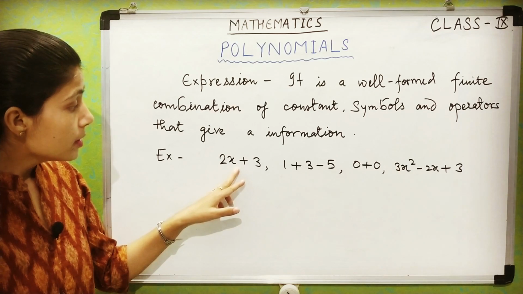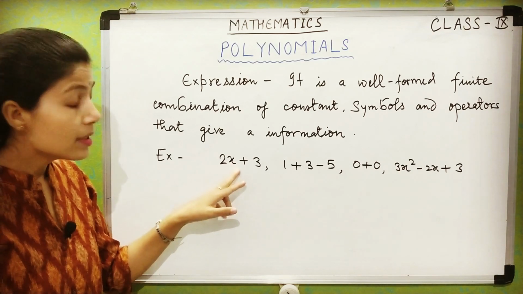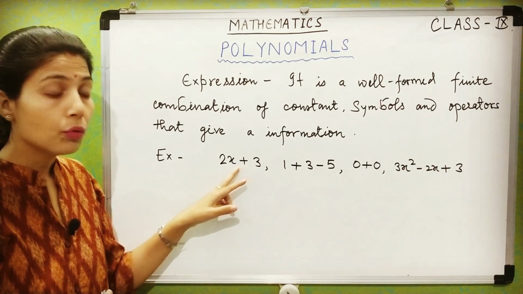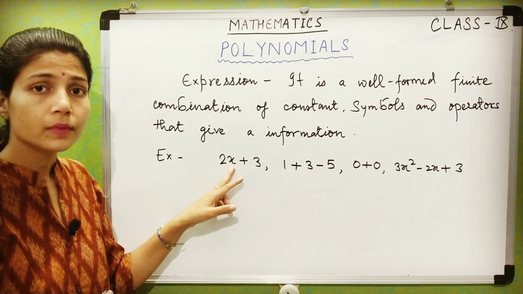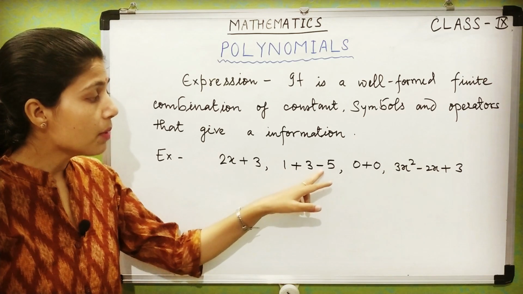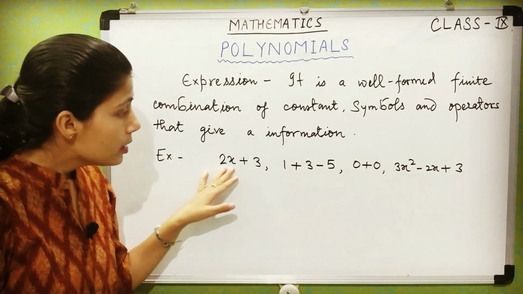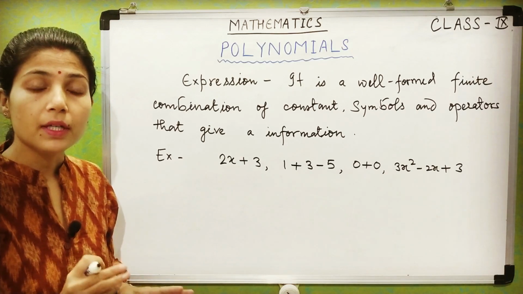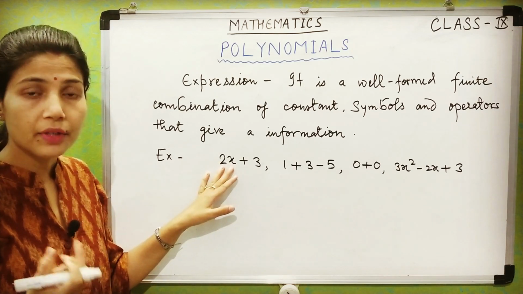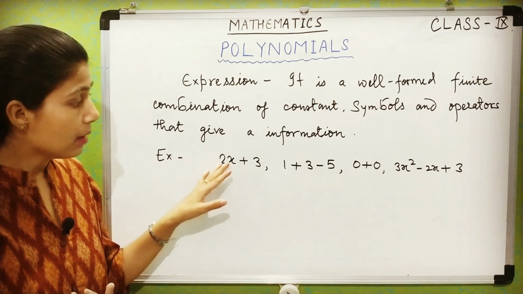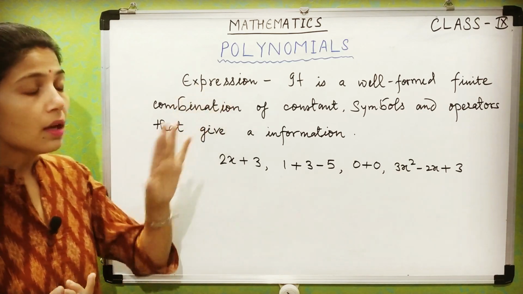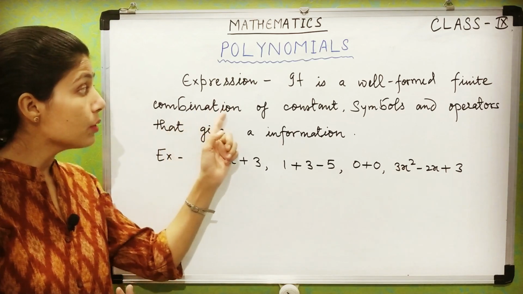In this case, this gives us information: 3 added to twice of x. Okay, 1 plus 3 minus 5. In all these cases, the terms are well placed and valid, having some meaning, having some information.